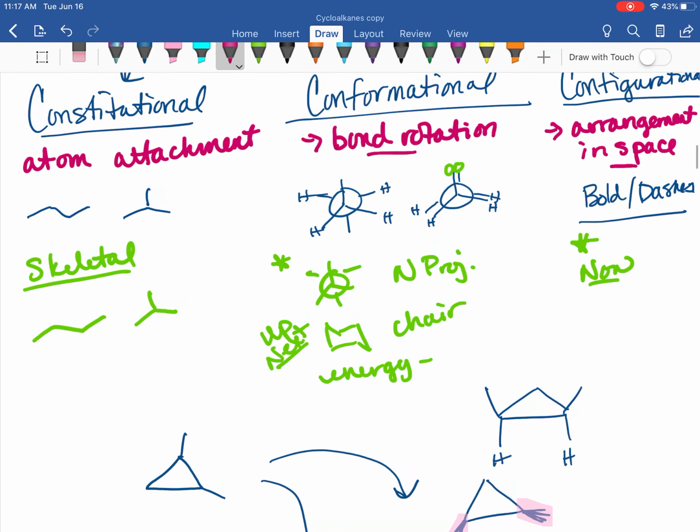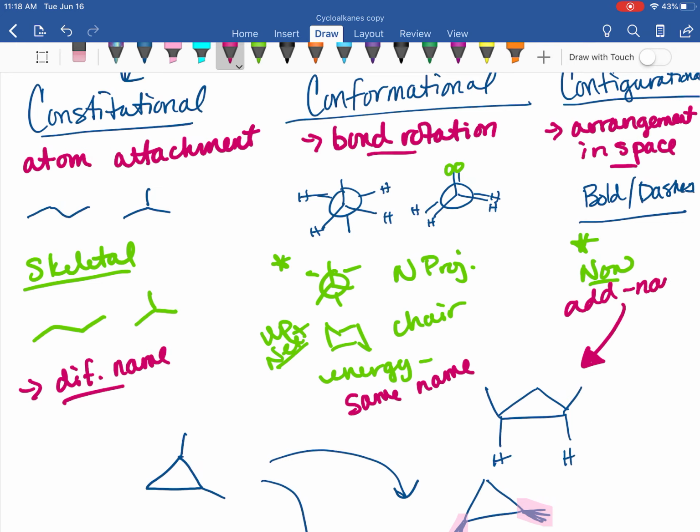Let's go back to our table for a second and let's add that this drawing correlates to our table. So let's talk name. Okay, these are going to have a completely different name. These are going to have the exact same name because they're the same thing. And what happens to a configurational isomer? We're going to add to our name.